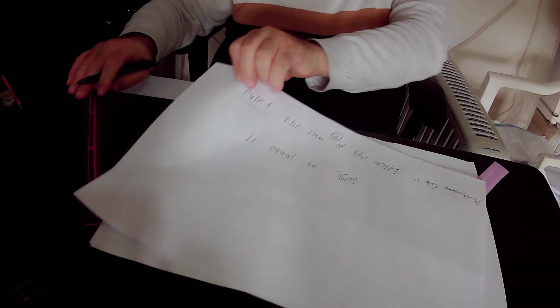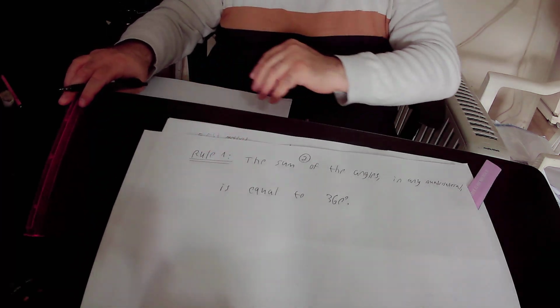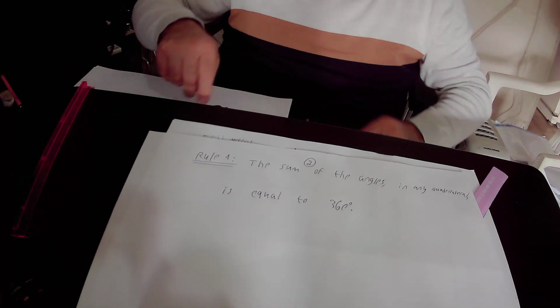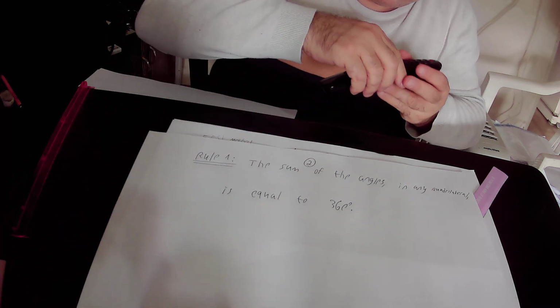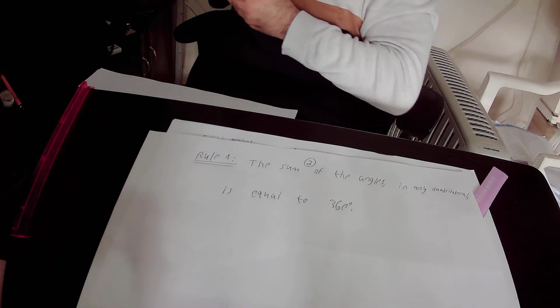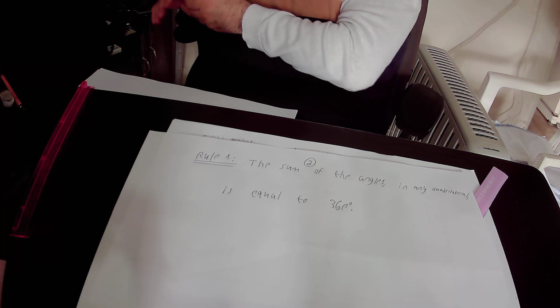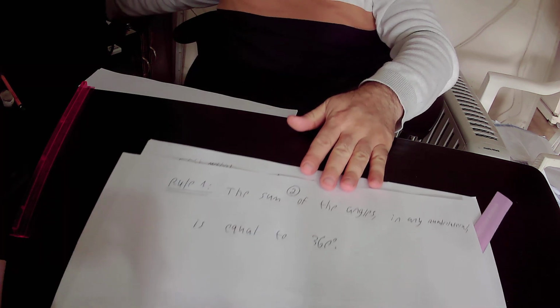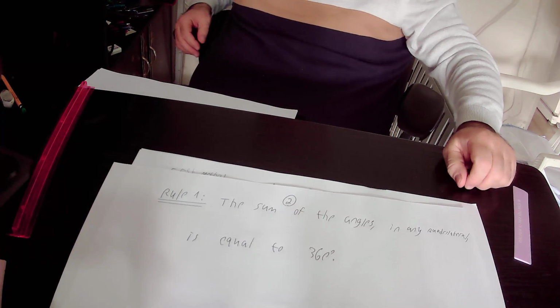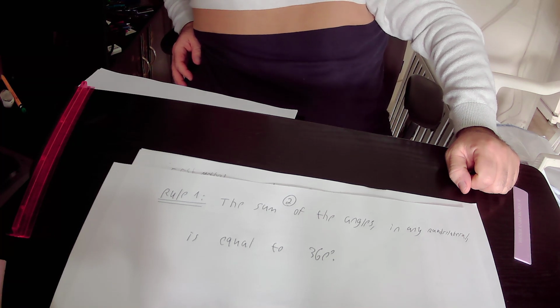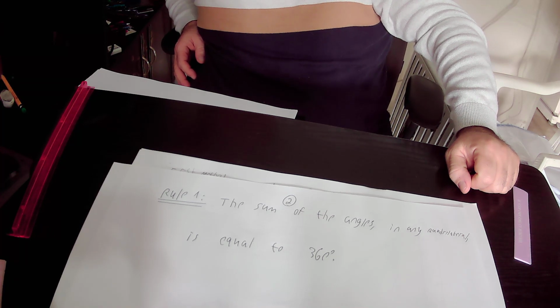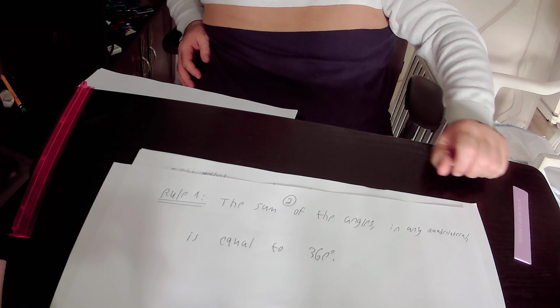I'll repeat rule number 1 again. According to rule number 1, the sum of the angles in any quadrilateral is equal to 360 degrees.